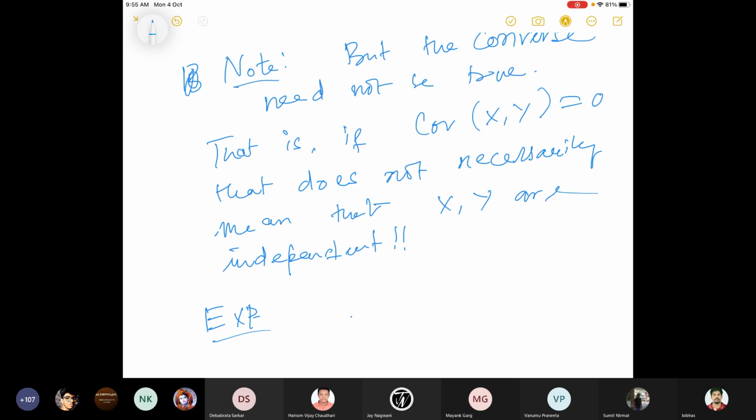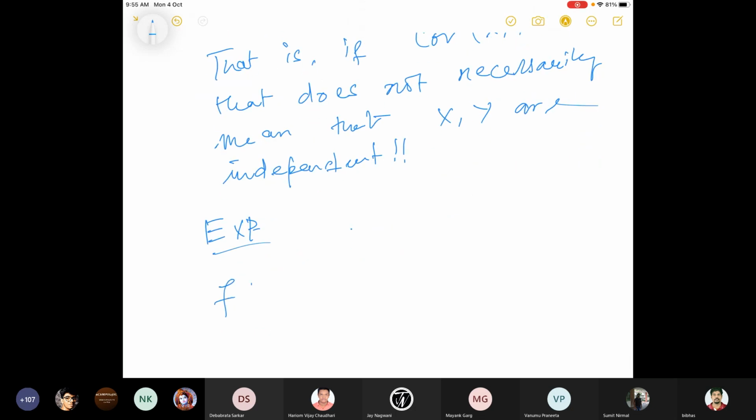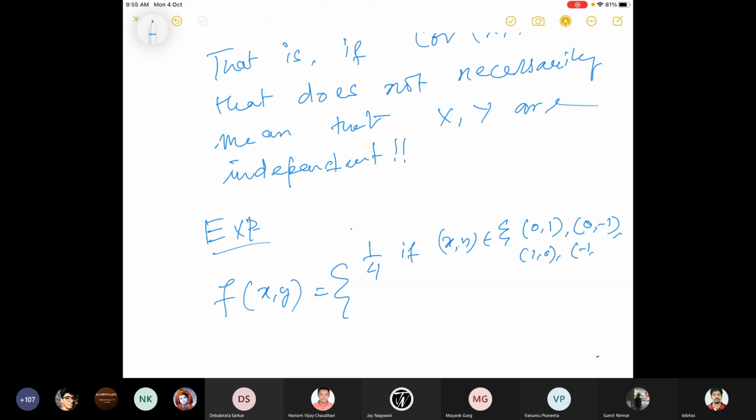And the example, I'm just writing it here, you can prove it. I'm giving you the joint density. It is 1/4 if (x, y) is either (0, 1), (0, minus 1), (1, 0) or (minus 1, 0), these are the four values, and 0 otherwise.